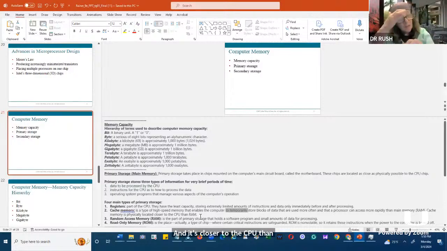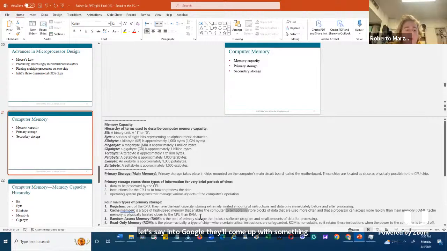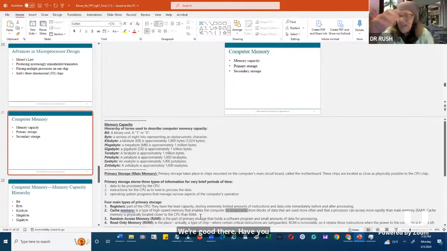Have you ever seen, for instance, when you're typing into Google, it comes up with something you've typed before? That's a lot of times in cache. It comes up so quickly, it's kind of like anticipating what you'll type. That's part of cache memory that's so quick.